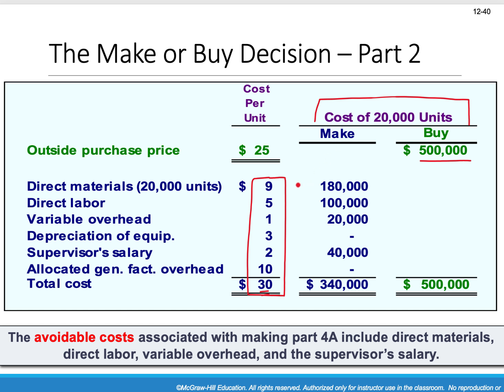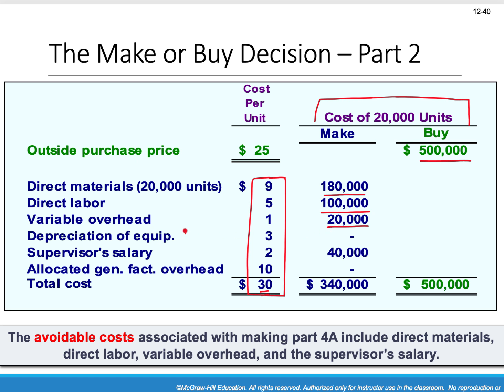Well, to make these parts, direct material is $9 per unit, so that's going to cost me $180,000 in direct material to make these units. Direct labor costs me $100,000 to make these 20,000 units that I need. Variable overhead, $20,000. It costs me, or I incur, to make these products.